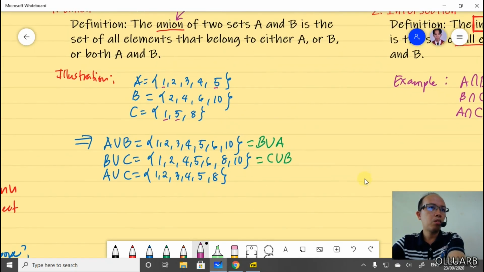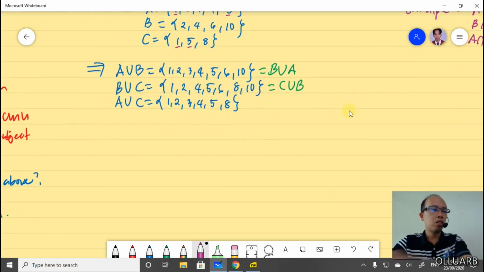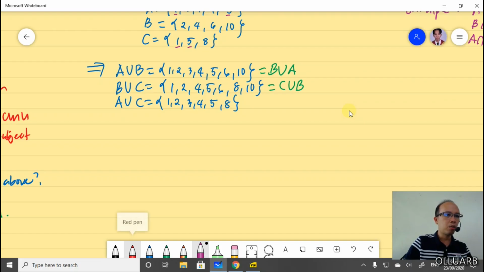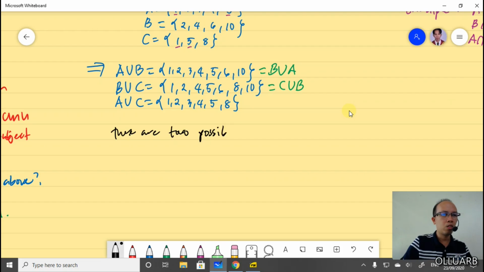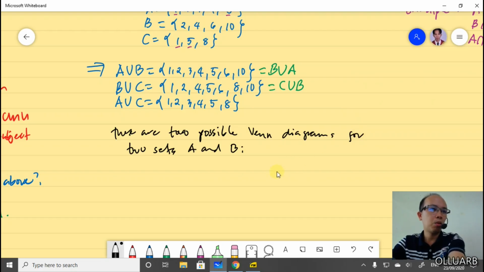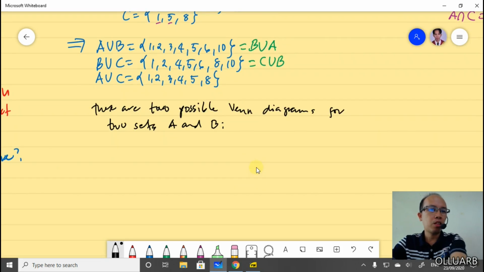that if you are going to use a Venn diagram for intersection, there are two possible Venn diagrams for two sets A and B. Okay, so this is the possible scenario.